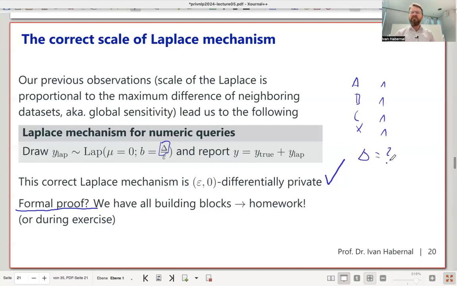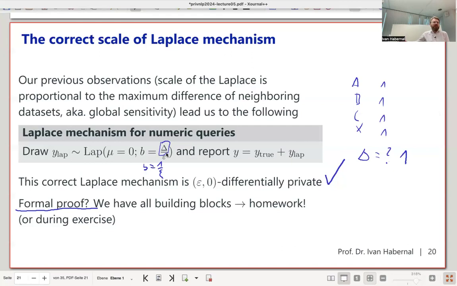What is the maximum difference if you remove one person from the data set? 1. And now you see why we use a scale b of 1 over epsilon. Because the maximum difference on the counting query by removing one person is just 1.